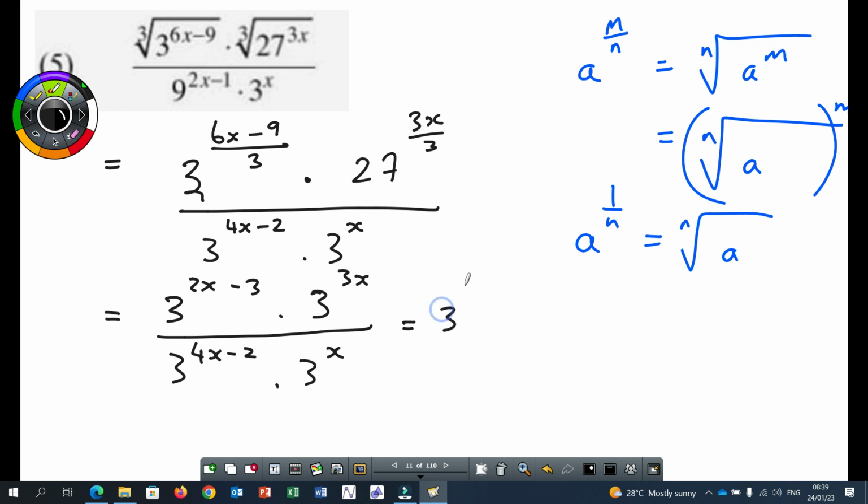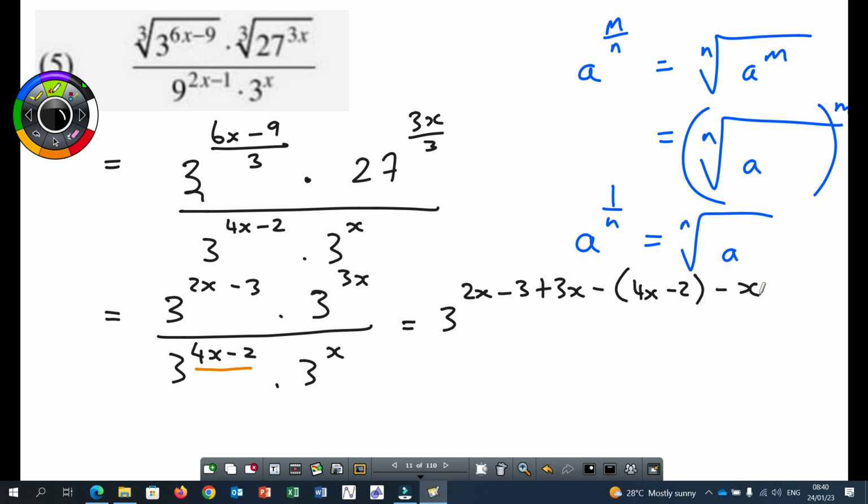So this will be 3 to the power of 2x minus 3 plus 3x minus, now this is a binomial exponent. Therefore, I have to put it in brackets. So this will be minus (4x minus 2) minus x. As long as an exponent is part of the denominator, you subtract it based on law 2 of exponents.